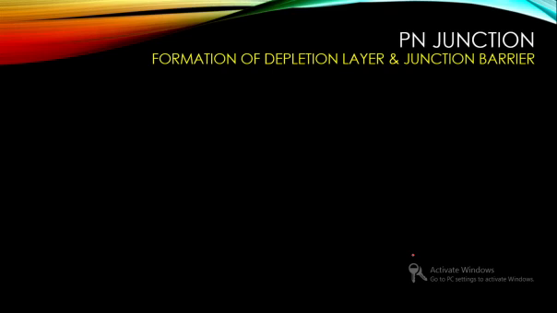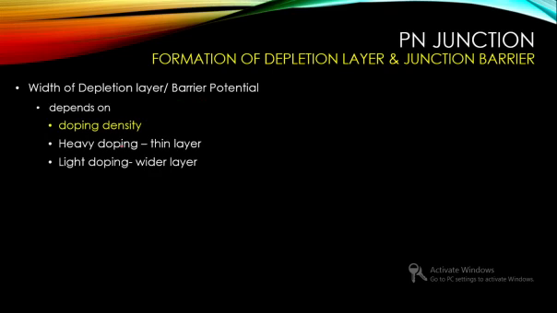So what are the consequences of this formation of depletion layer and junction barrier? The width of the depletion layer or the barrier potential depends primarily upon two factors. The first one is doping density. If it is heavily doped, you will get a very thin depletion layer. Why?